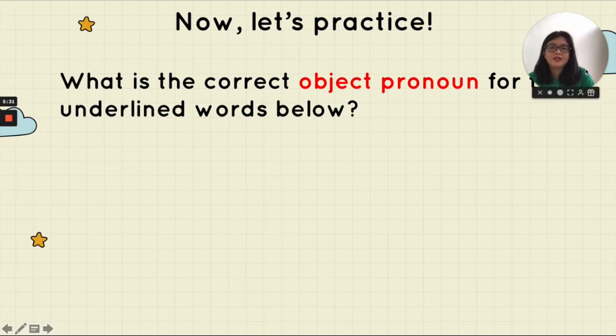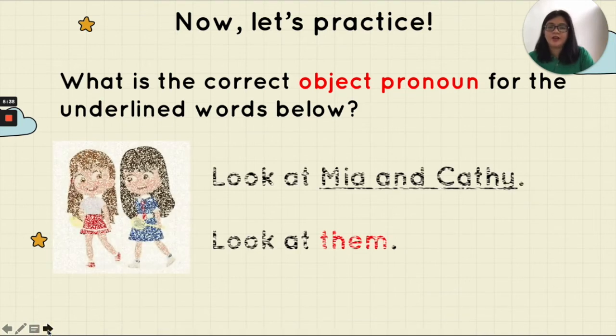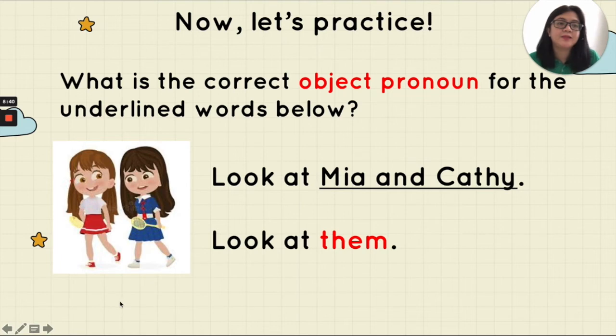What is the object pronoun for the underlined words below? Look at Mia and Cassie. Mia and Cassie are plural nouns because they are two girls, two names. If you're going to talk about their names and you are talking about people that are not with you, you can say look at them.